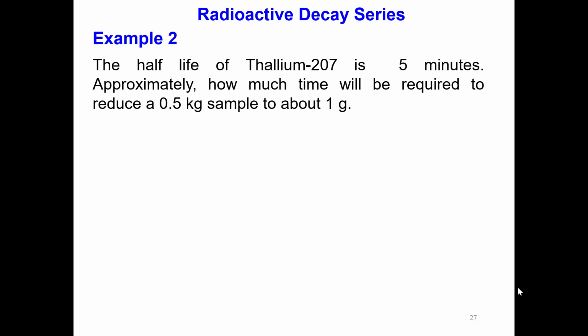Let's solve one more problem that involves half-life. In this case, we have the half-life of thallium, which is about 5 minutes. Then we want to know how much time will be required to reduce a 0.5 kilogram sample to about 1 gram. Let's write first the information we have. In this case, we have thallium-207.